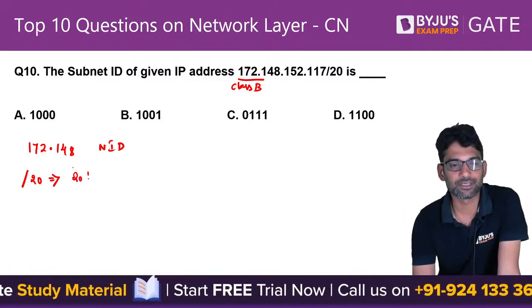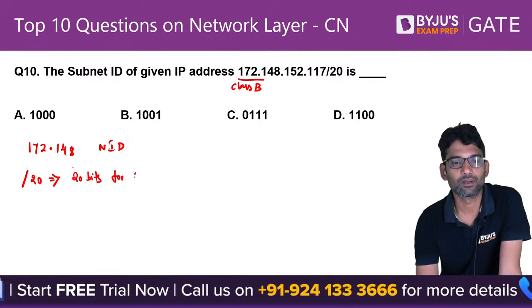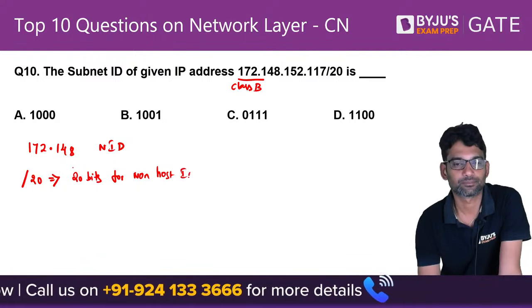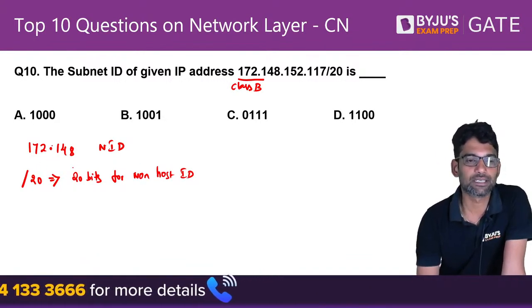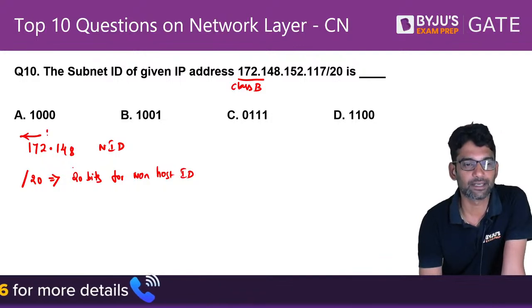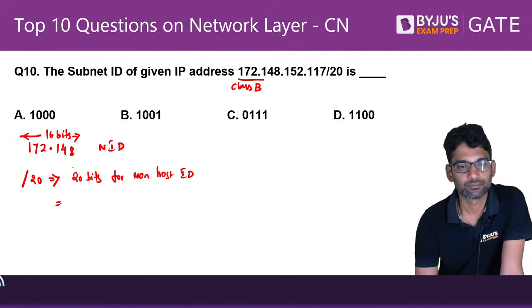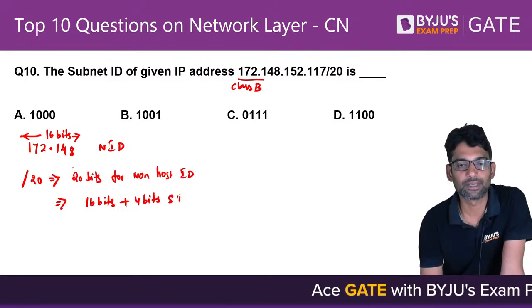20 bits represent non-host ID. So when 16 bits are representing net ID, for net ID, remaining 4 bits represent subnet ID.